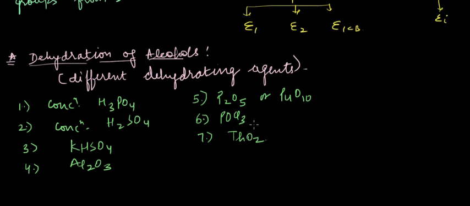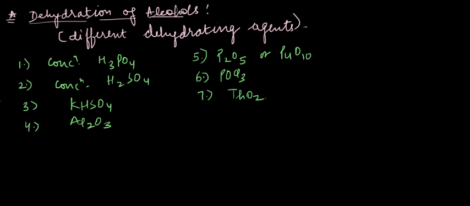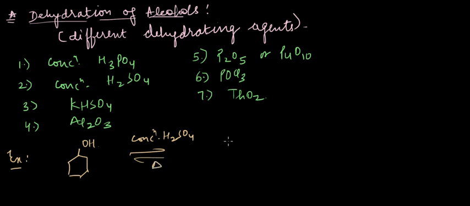Okay, so how does the elimination reaction actually work out? Let me illustrate this with the help of an example. Suppose we have a secondary alcohol or cyclic alcohol, something like this, and we pass it in the presence of concentrated H2SO4 and we heat this. What will actually happen is the formation of alkene from alcohol.